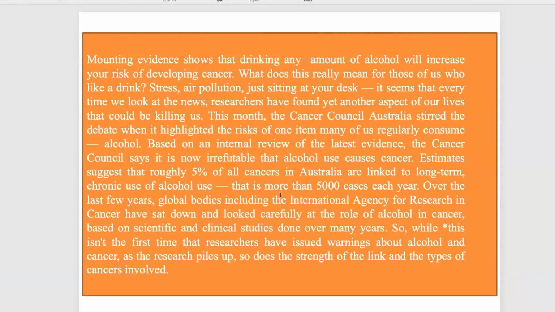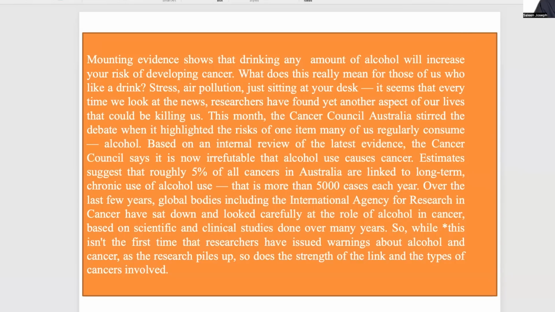Start again. Mounting evidence shows that drinking any amount of alcohol will increase your risk of developing cancer. What does this really mean for those of us who like a drink? Stress, air pollution, just sitting at your desk. It seems that every time we look at the news, researchers have found yet another aspect of our lives that could be killing us.